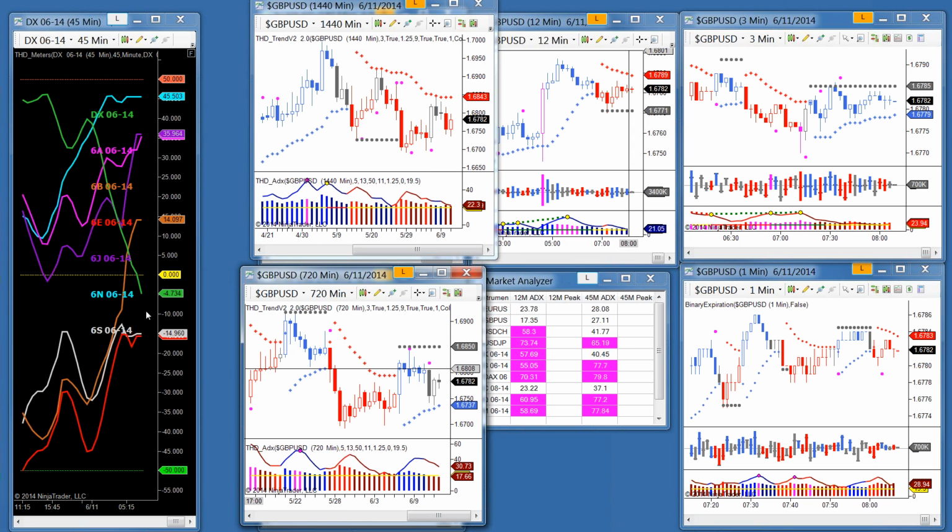And do you see how strongly the dollar is coming down on the 45-minute currency meter? But you can see that the Swiss franc and the euro mimic each other. The British pound may or may not. You can't solely rely on that. But pretty much with the euro and the Swiss franc, they always mimic each other. Does everyone understand that as well?